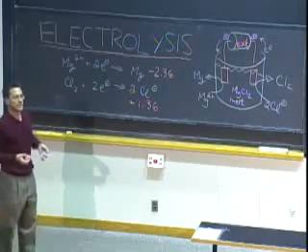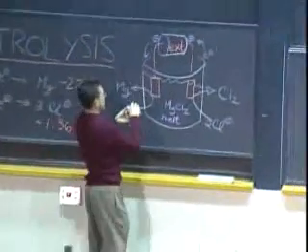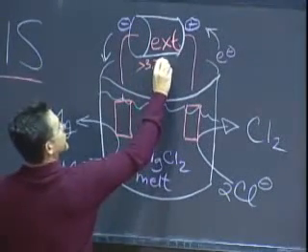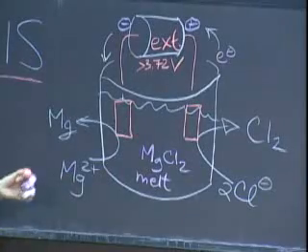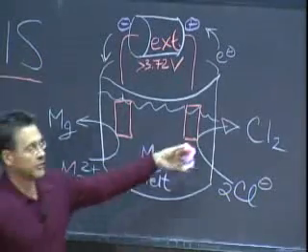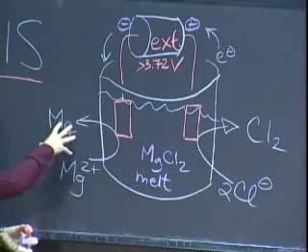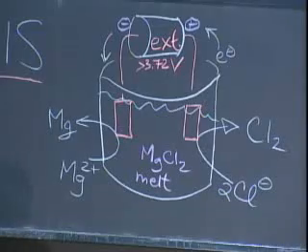So that means that we're going to have to apply an external voltage of greater than 3.72 volts positive in order to get this thing to run and to get gaseous Cl2 bubbling out, and liquid molten magnesium to be formed and separating from the molten magnesium chloride.